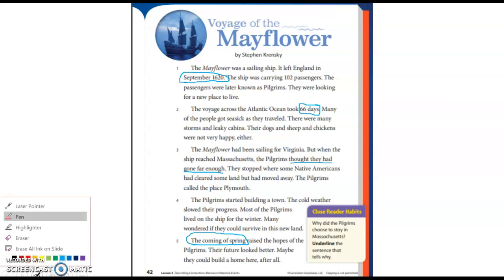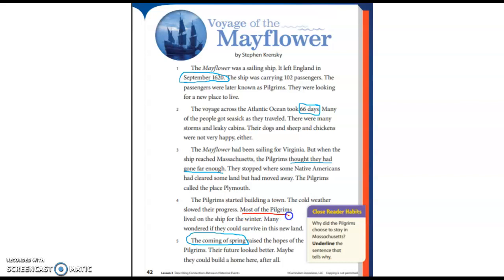It's really important when we're taking a test that we look for the text evidence that proves our answer. That way we know we're not getting the answer wrong. So let's see, what paragraph did it talk about living on the ship for the winter? Here it says the Pilgrims started building a town. The cold weather slowed their progress. Most of the Pilgrims lived on the ship for the winter.